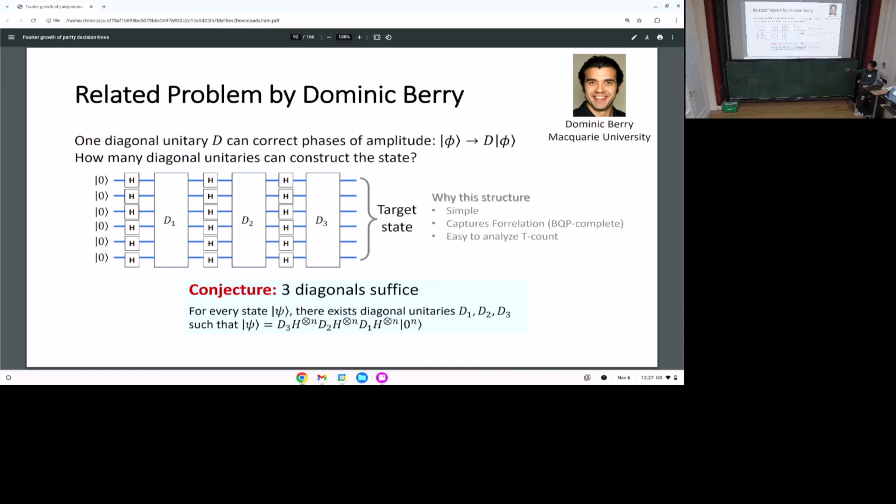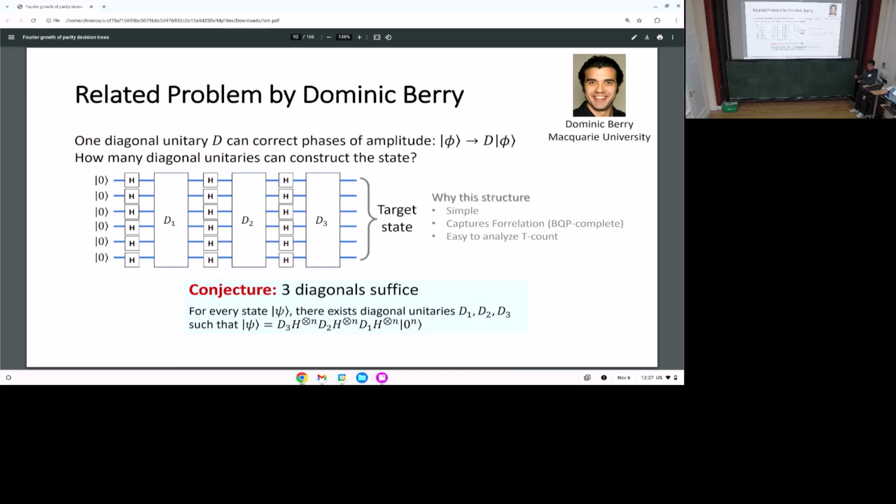But here, because of discreteness, if you use Boolean, then it will never be true. Oh, right, because Toffoli plus H is BQP complete. Okay, yeah, got it. So this kind of circuit appears in other settings. So it's also natural on its own. So these are the three main reasons why we look at this.